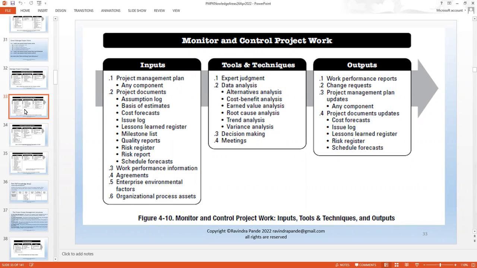The inputs to monitor and control project work are the project management plan, all the components, any and all the components. Then we have project documents. We have the assumption log, which normally gives rise to our risk registers. Then we have basis of estimate, on which basis we are estimating when somebody says, I'll take this task 6 hours.